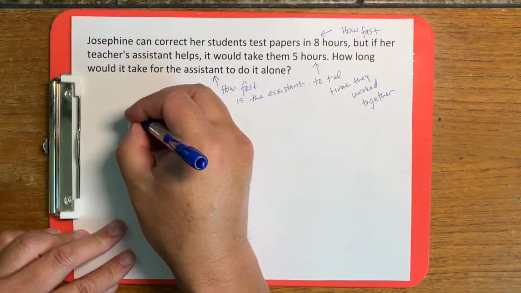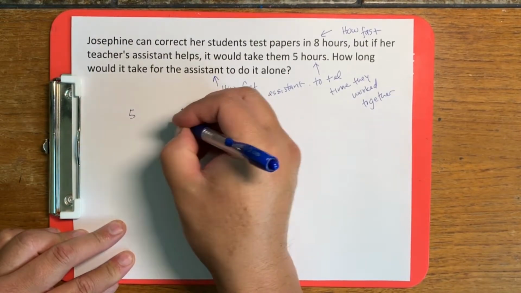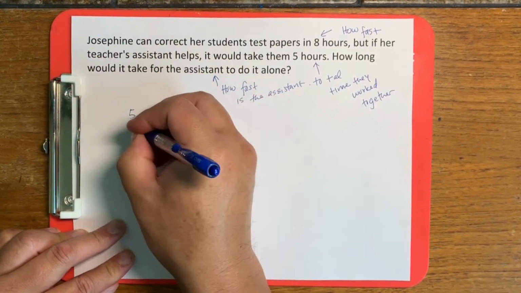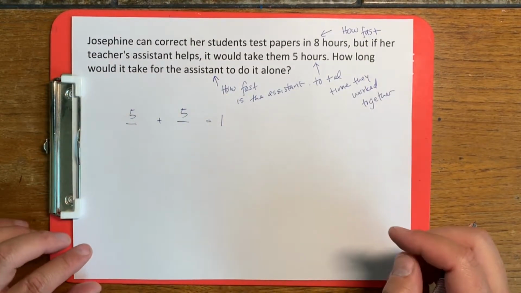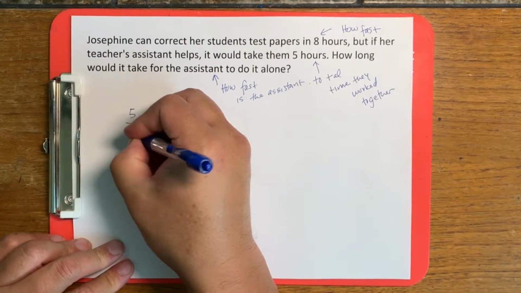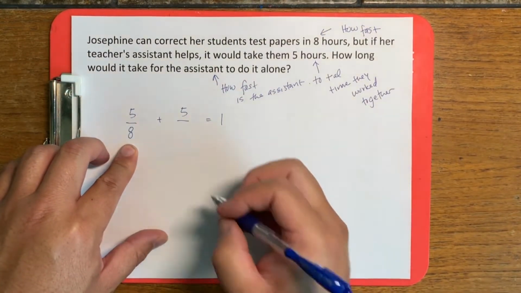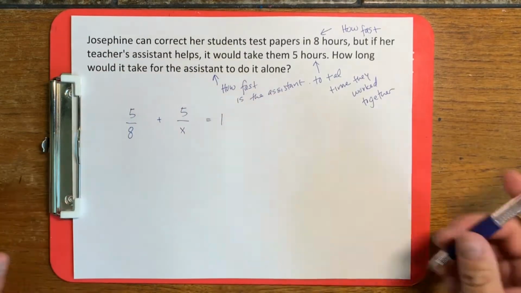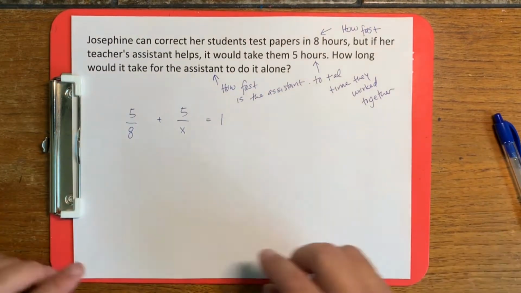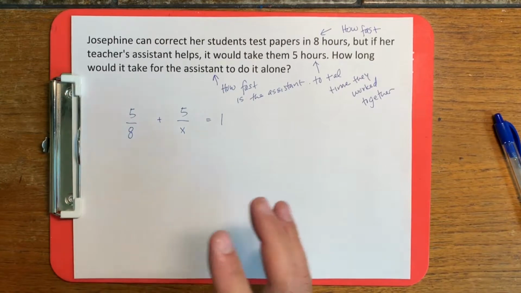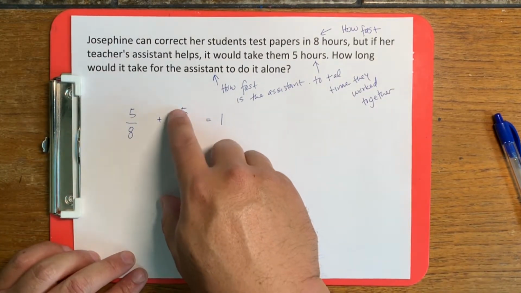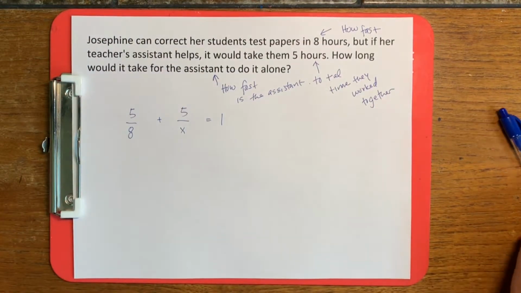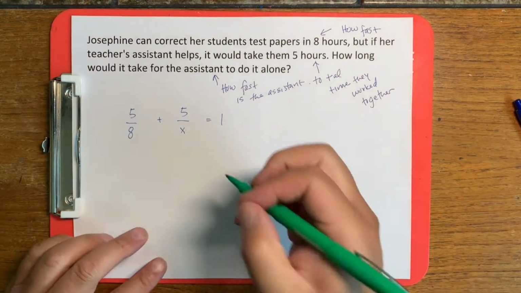We know that it takes both of them 5 hours to do the job. And we know that Josephine can grade it in 8 hours. So this is how fast she is. And what we're trying to find is how fast is the assistant. So 5 over 8 tells me how much of the job Josephine did. Now, let me make sure we mark what each one of these means.